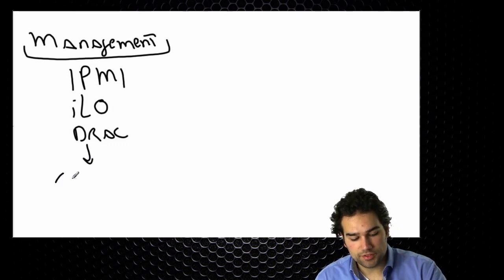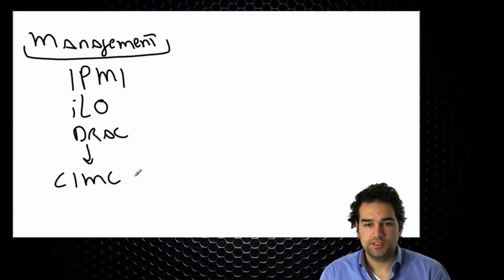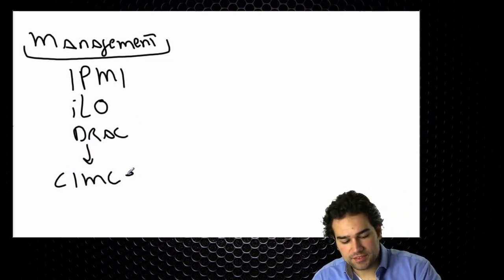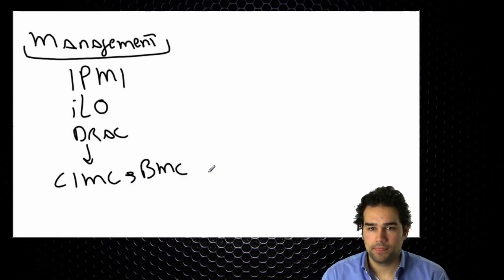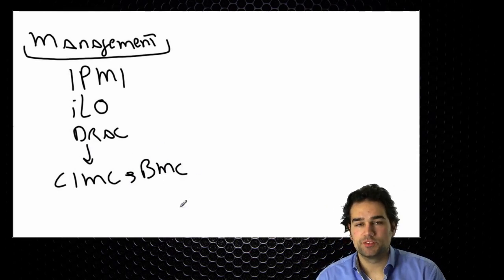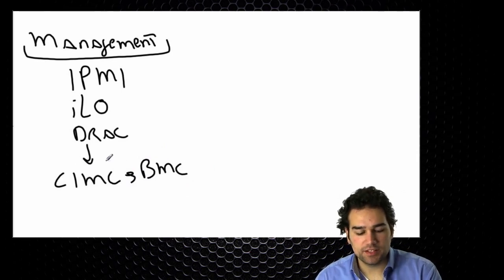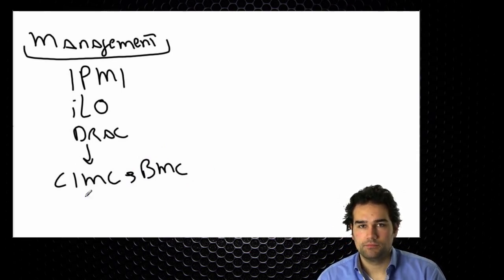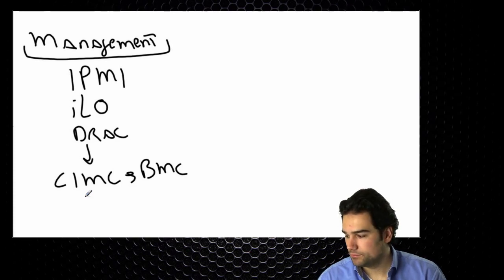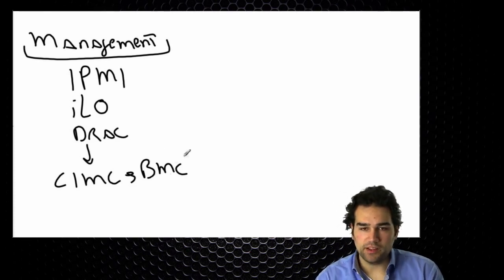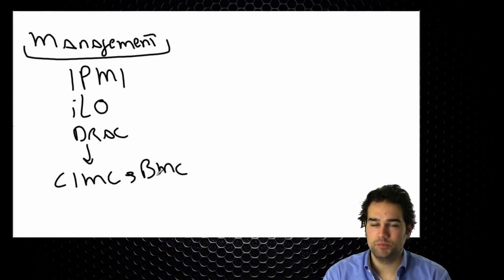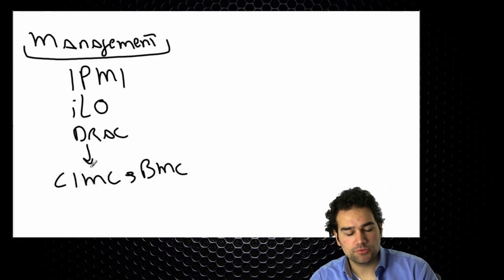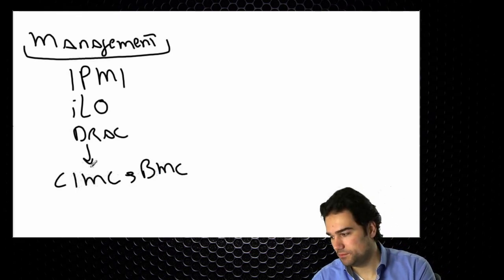On the C-Series servers, that's called the CIMC, the Cisco Integrated Management Controller. In the past, this was called the Baseboard Management Controller, or BMC. So if you see references for the BMC, that is exactly the same as the CIMC. So pay attention to what you see there. Sometimes, I hope that in 2.2 all the references are gone, but sometimes you still see a reference to the BMC. But most references are now updated to CIMC.